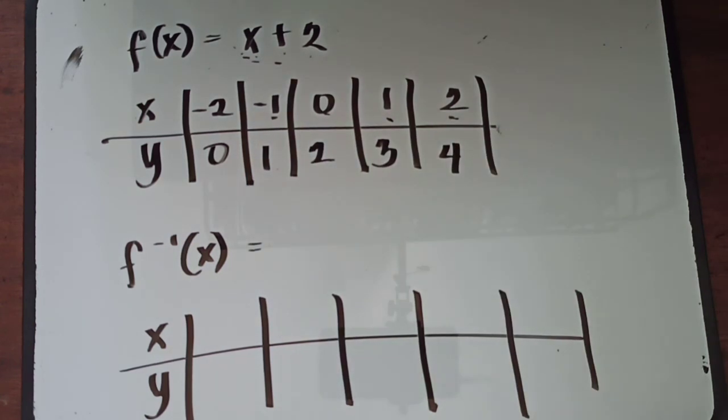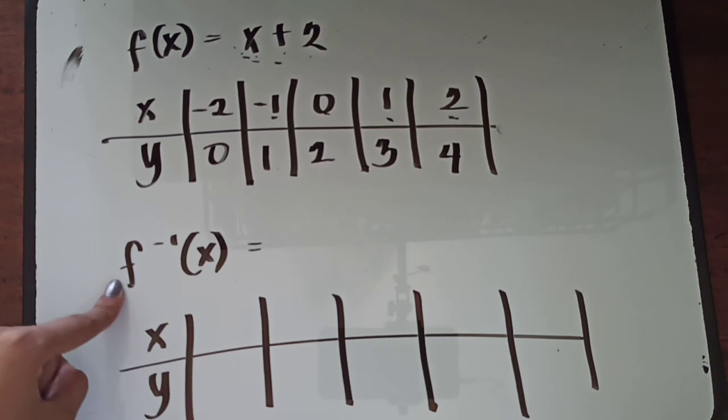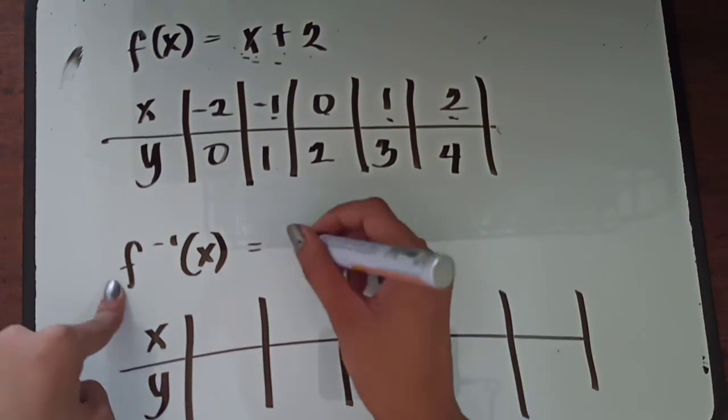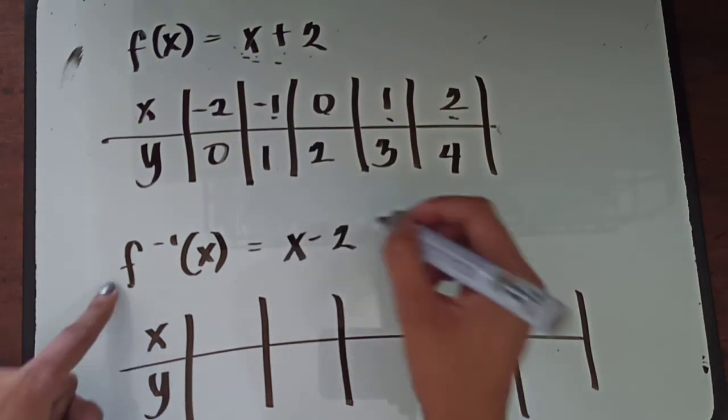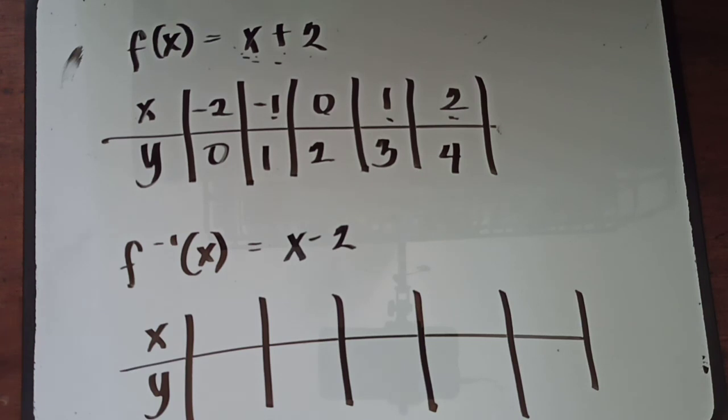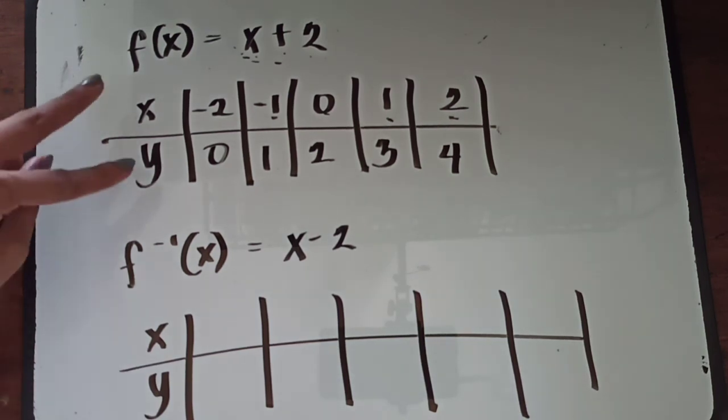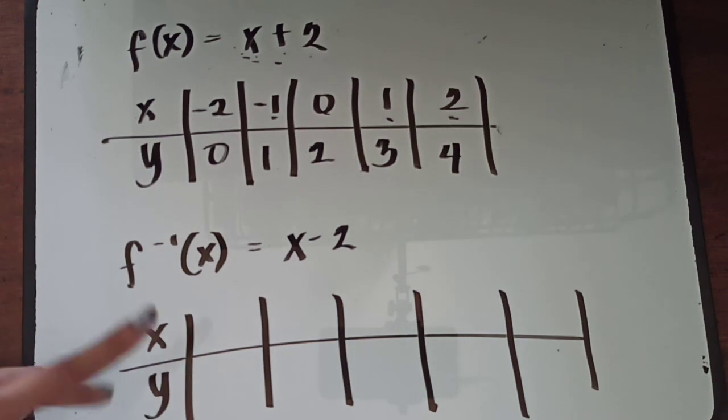Okay, so now, ano kaya yung inverse ng f of x? So that is x minus 2. So kung meron ako nakuha na table of values dito ni f of x, ano na kaya yung table of values ng inverse natin? Pwede siyang pagbaligtarin ko na lang.